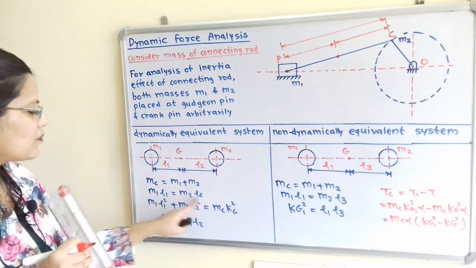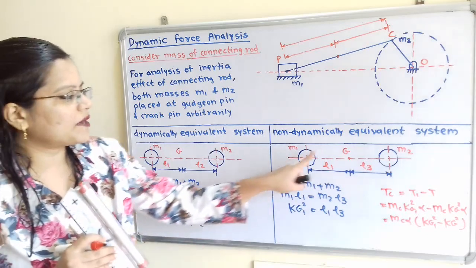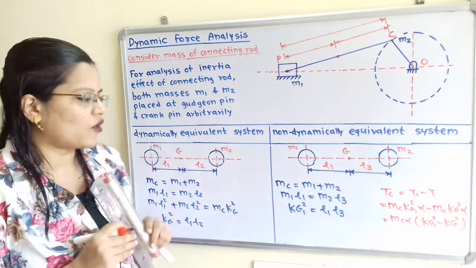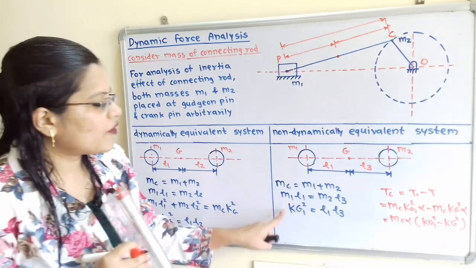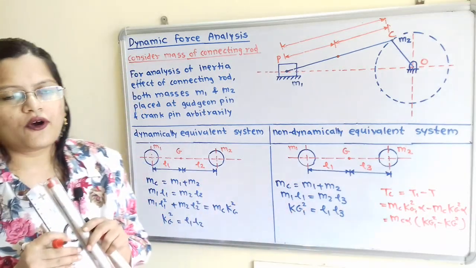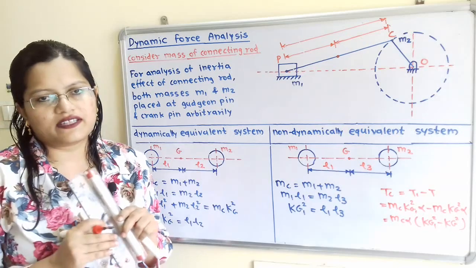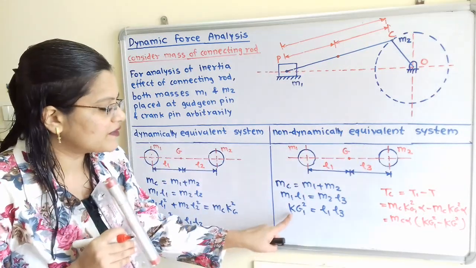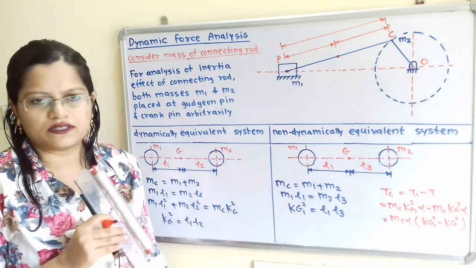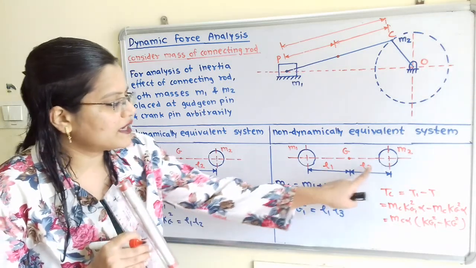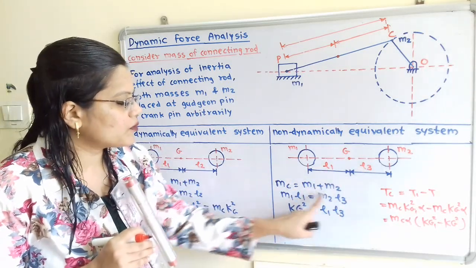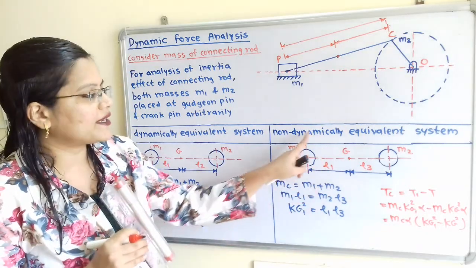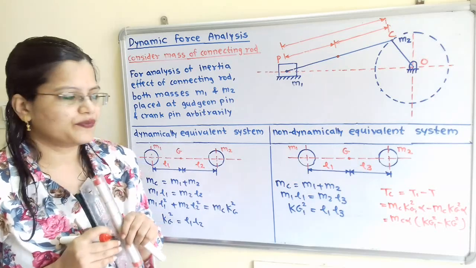That is, the mass moment of inertia of these two masses is not equal to the mass moment of inertia of the connecting rod. Now we will move to the formula, that is radius of gyration. So for the non-dynamically equivalent system, we will take here kg1 square is equal to L1 L3. So this is the formula to calculate the radius of gyration for the non-dynamically equivalent system.